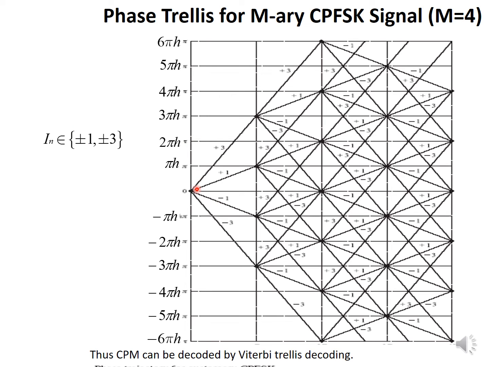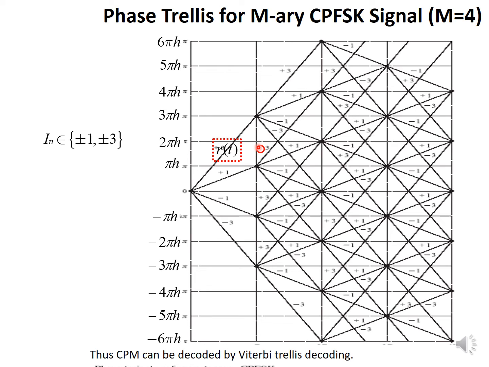Then we continue to send the signal, and we continue to receive the sequence. All the possible combinations of the transmit sequence would show on this phase trellis. After the first transmission of the symbol, we have a received signal.